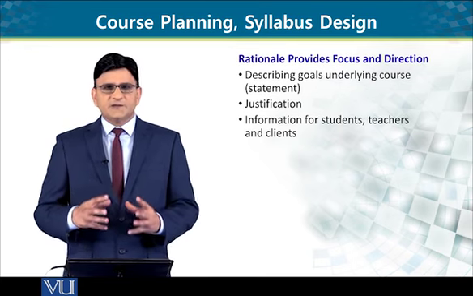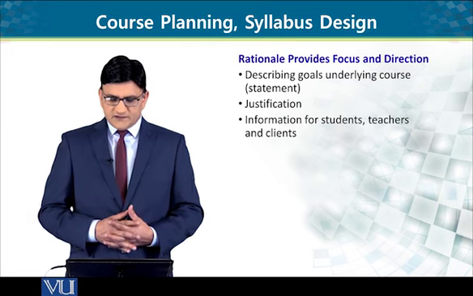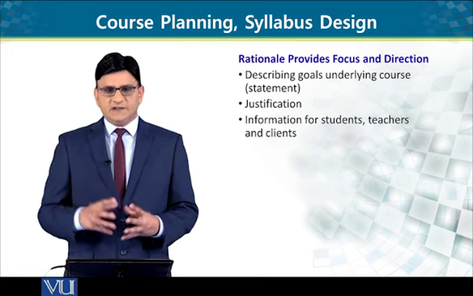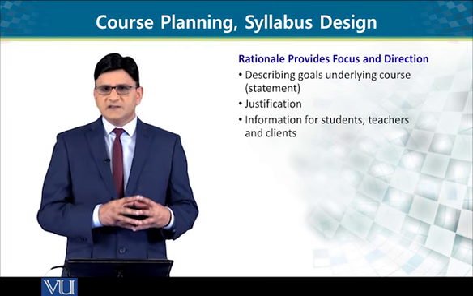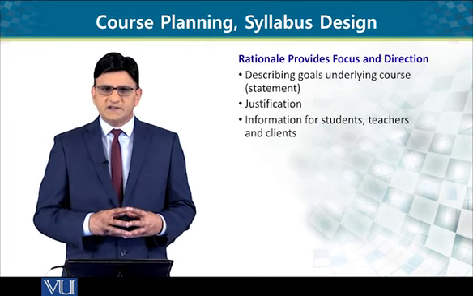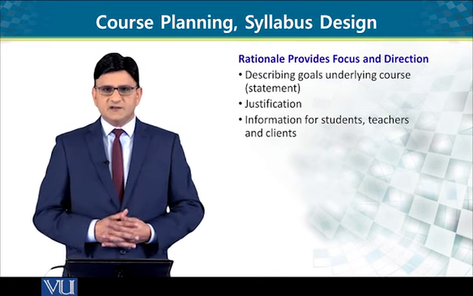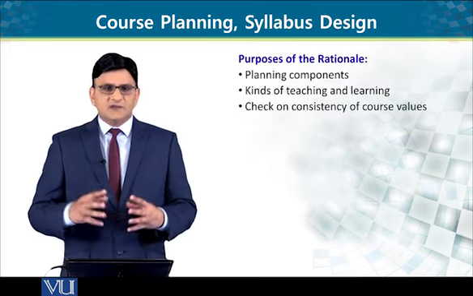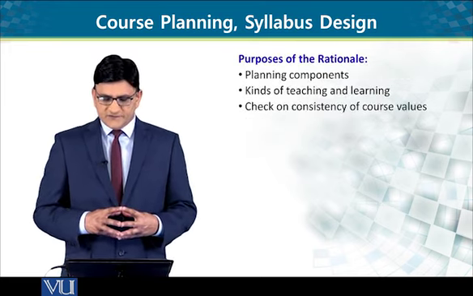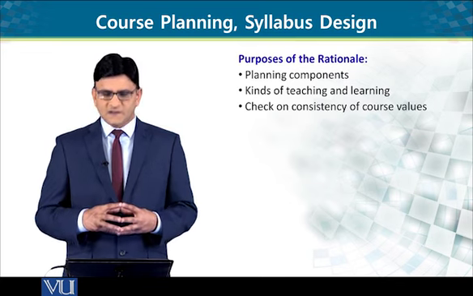So what sort of information should be there in the justification? Obviously, there are three groups of people. Primarily, the information should be for students, and then the teachers, and then the potential clients of that course. So what are the purposes of the rationale for course planning or syllabus design?